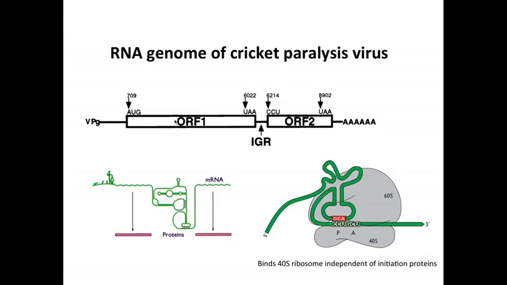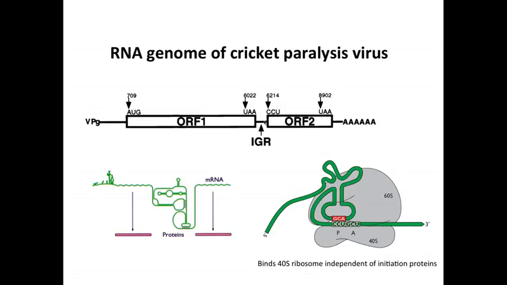There are 2 IRESes in this genome. There's one at the 5' end, shown down here, to allow internal initiation in the absence of a cap. Remember, these genomes don't have caps. And then there's an IRES in this intergenic region between the 2 open reading frames. And that IRES is the one in which the RNA folds to mimic an initiator tRNA.